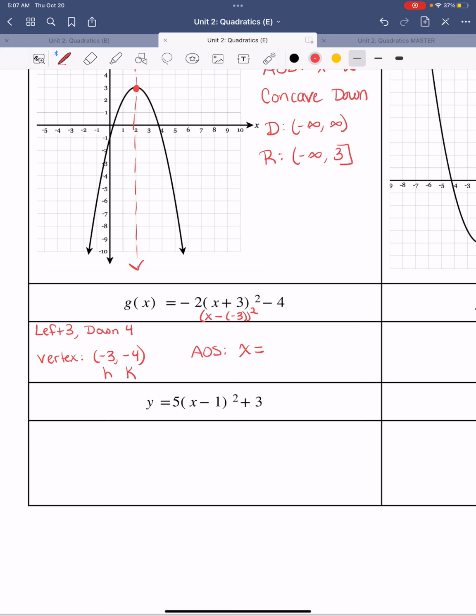Well, my h value is negative 3, so x equals negative 3. And we can say that this one is concave down. The reason I know that this is concave down is because of this negative 2 right there. Because I have that reflection as a part of my transformation, it's going to be concave down instead of concave up.